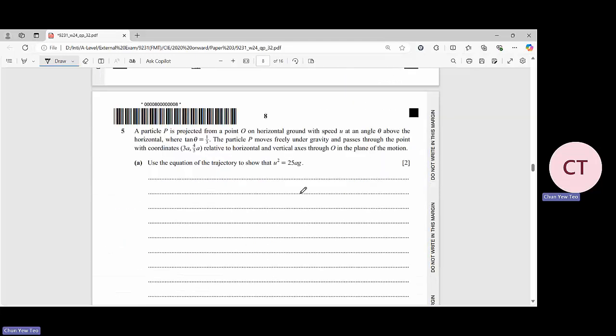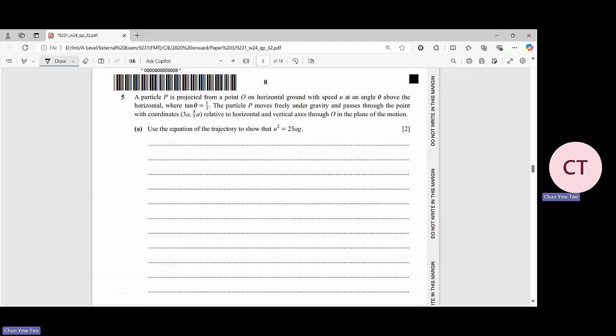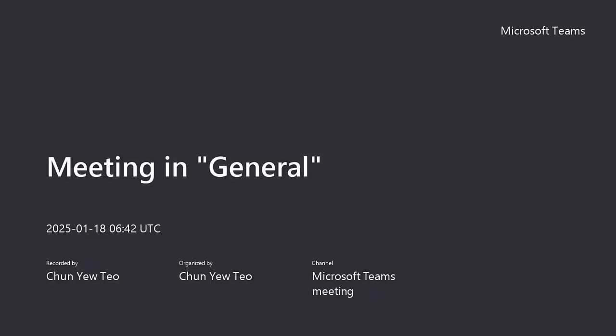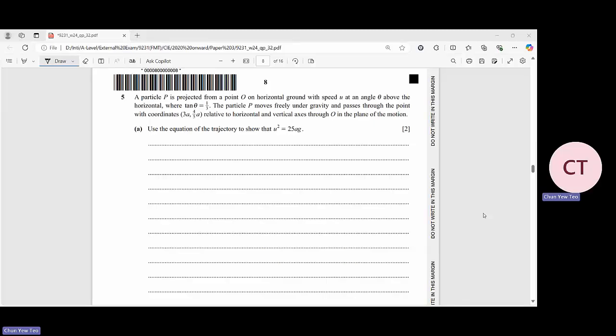And moving on, we have question number 5. Now we take a look at question number 5. A particle P is projected from a point O on the horizontal ground with a speed u at an angle theta above the horizontal, where tangent theta is 1/3.